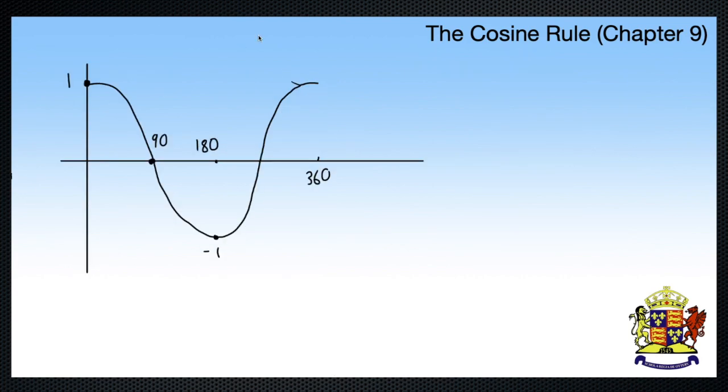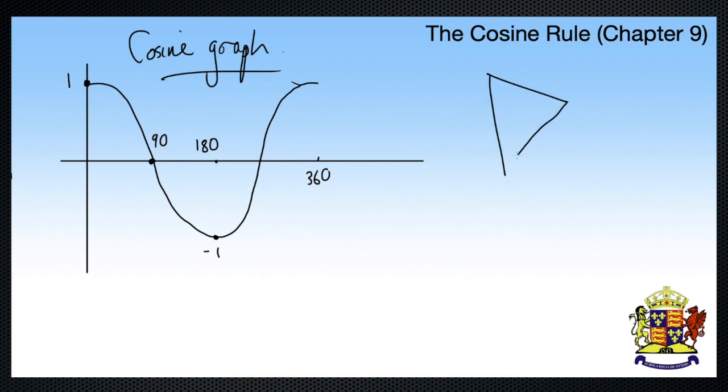So here's our cosine graph. And what you notice is if we have a triangle, remember these triangles, the angle can go from 0 up to being really, really obtuse. Okay, so for the triangles we're dealing with, the zone we're actually looking at is between 0 and 180 degrees in here.